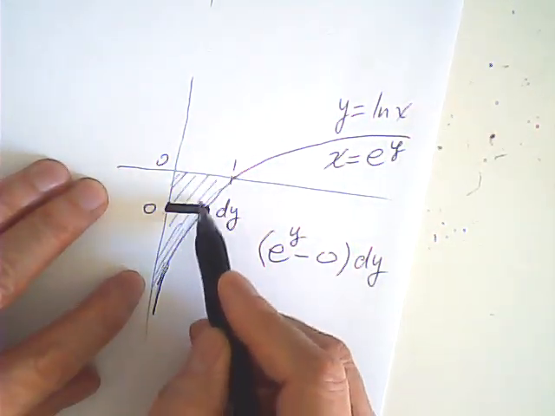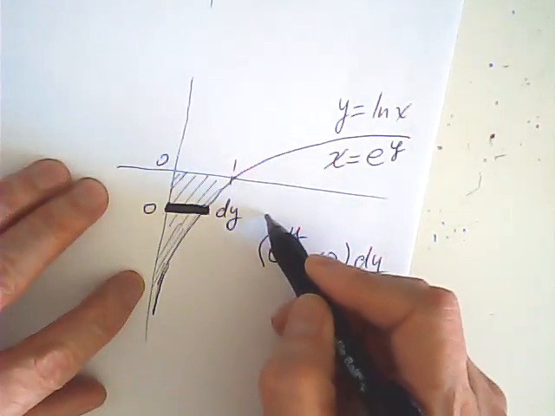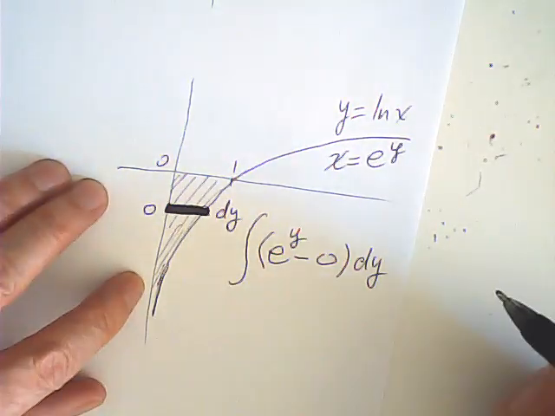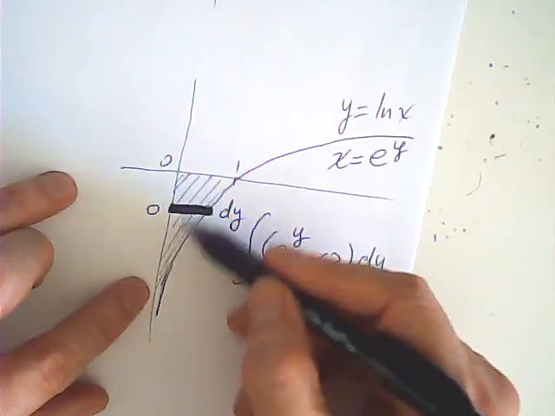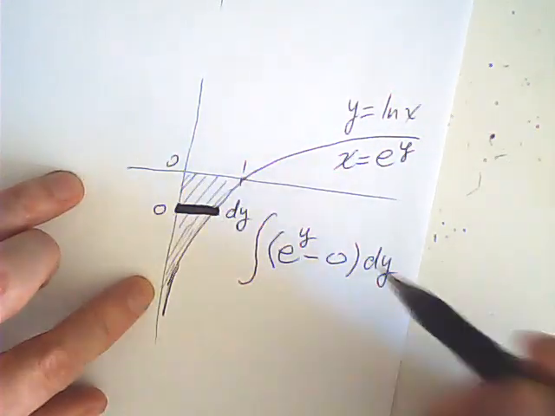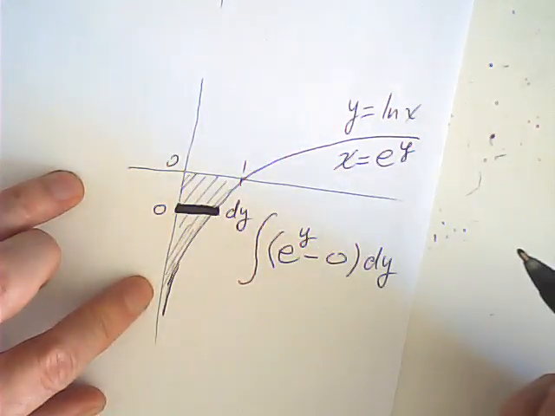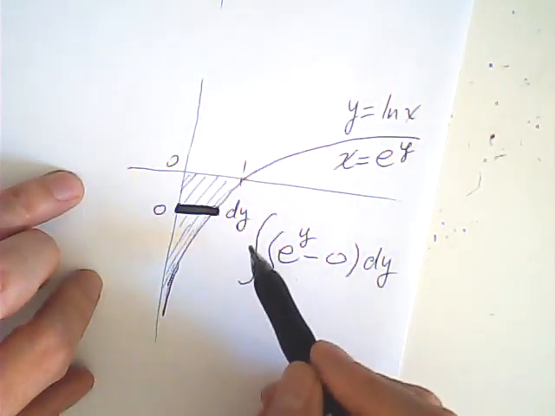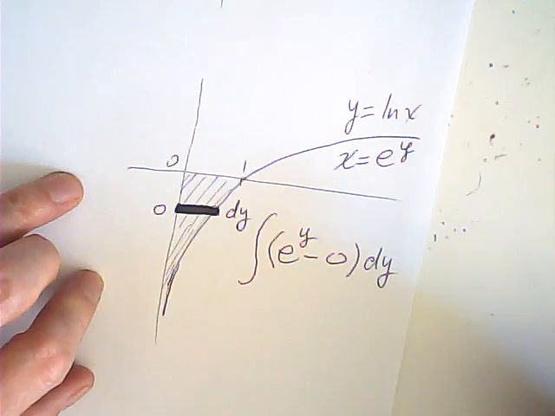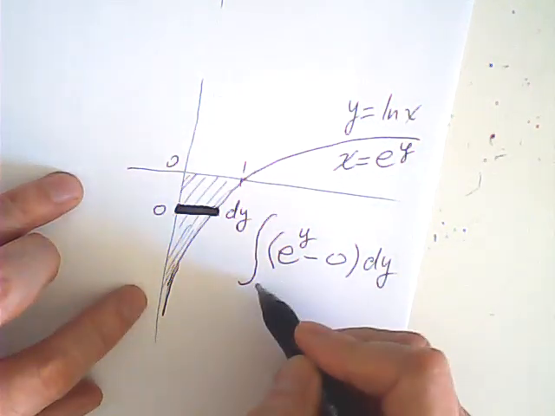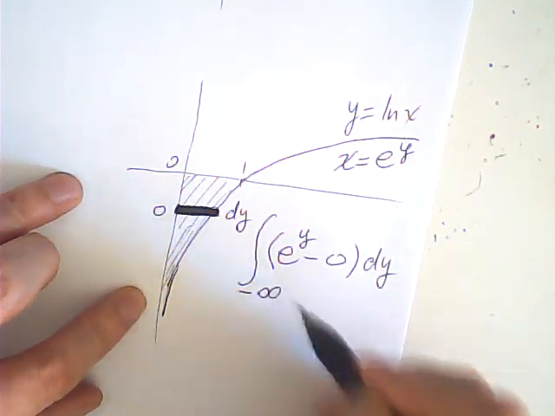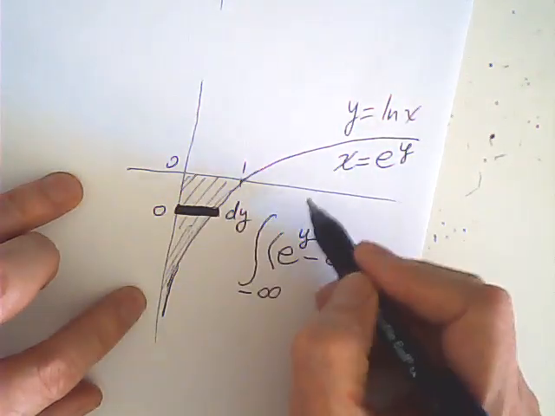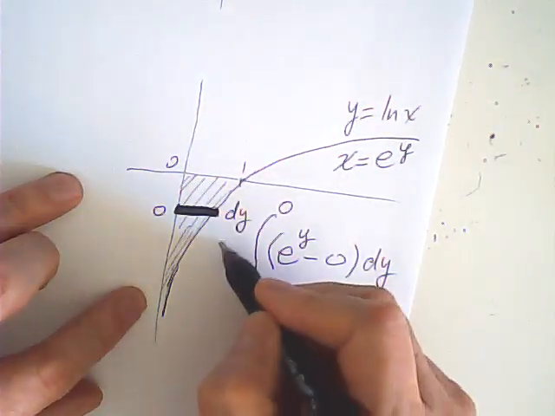Then we take the sum. We add up infinitely many slices like this. Infinitely many, but they are varying, right? The variable is y, and y is from negative infinity to 0. So that is the area.